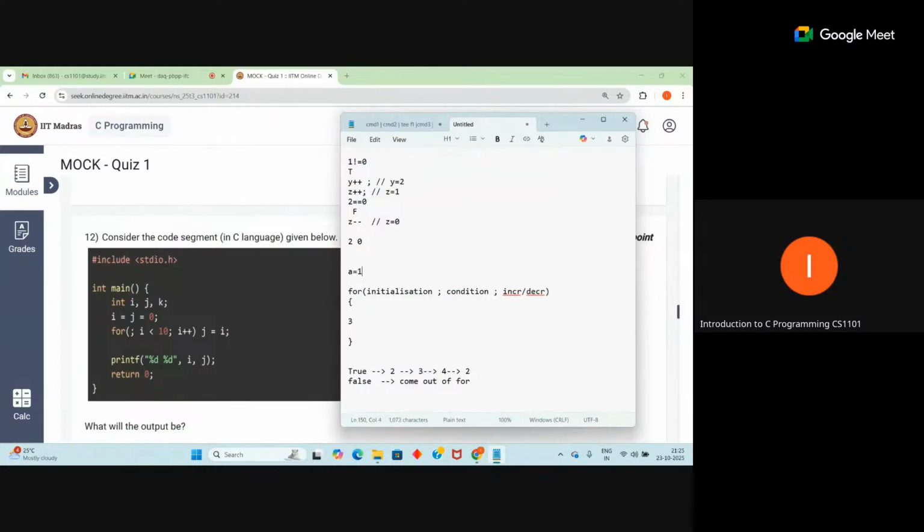So whatever initialization I want to do, I've done before this itself. In that case, I can omit this initialization statement. I can simply put a semicolon. I need not write initialization.